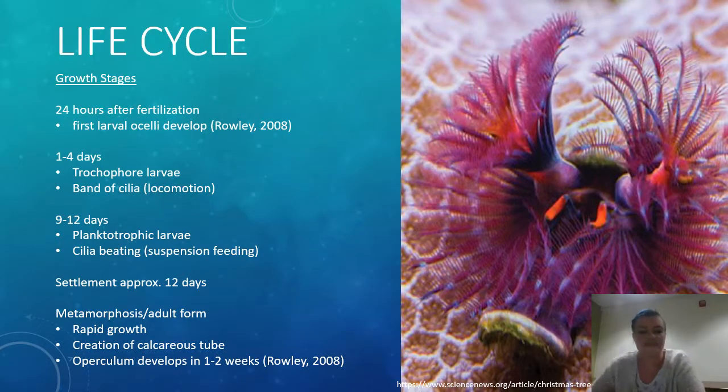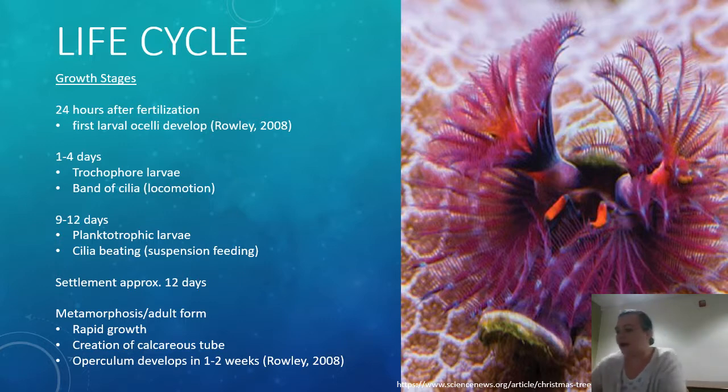Along with part of the life cycle, we also have the larval growth stages. And within 24 hours after fertilization, one of the first things that develops is a larval ocelli that is considered like a photoreceptor.